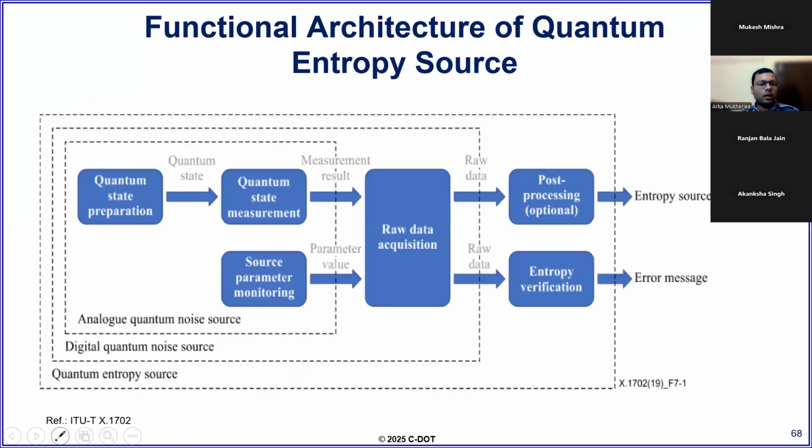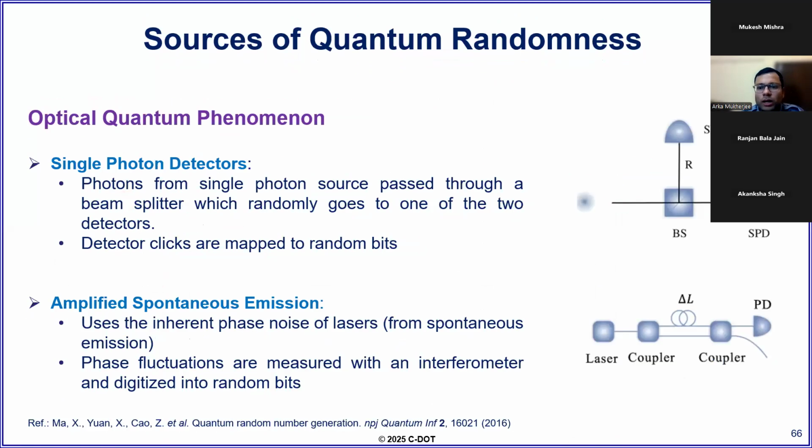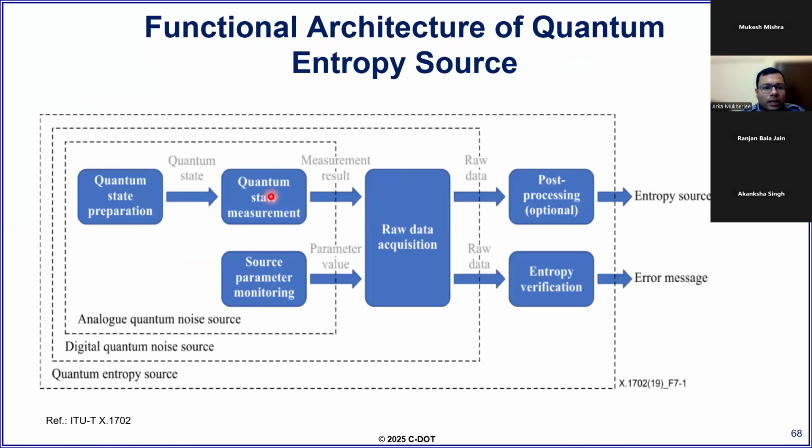Now I have taken this diagram from the ITU-T standard. It denotes what should be inside your QRNG source. First we have quantum state preparation, which in this example is the single photon generation. Then we measure the state; measurement is basically detecting using one of the SPDs. Then we get the raw data.